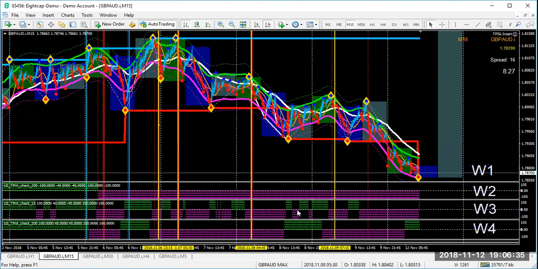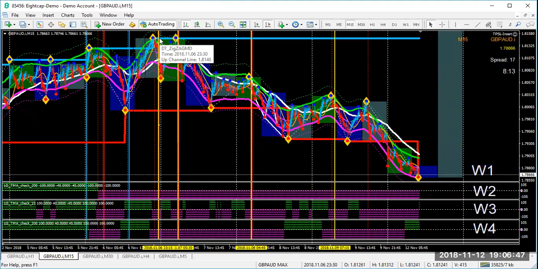When I zoom up, you can see that from that blue channel line, price never went back up there.